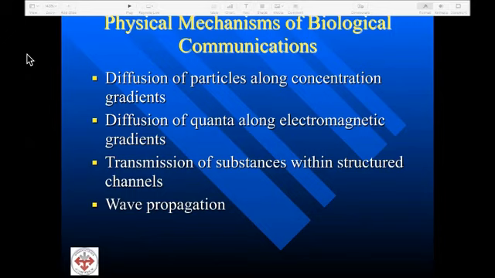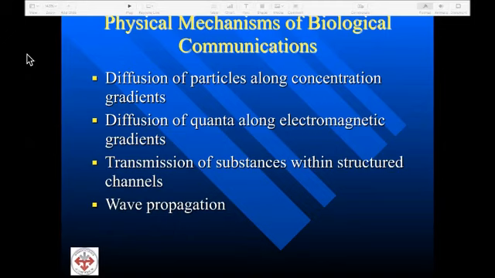Second, we have diffusion of quanta along electromagnetic gradients, and this includes the various electrophysiologic phenomena that we're familiar with and the various tools we have for assessing them. This would include things like EEG, ECG, EMG, and the like.